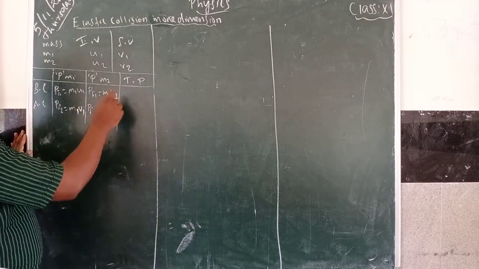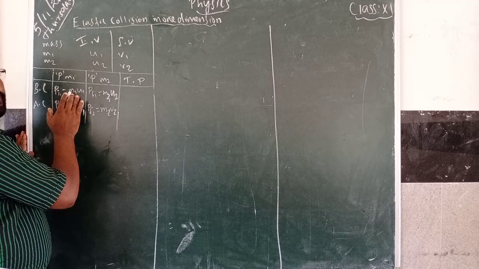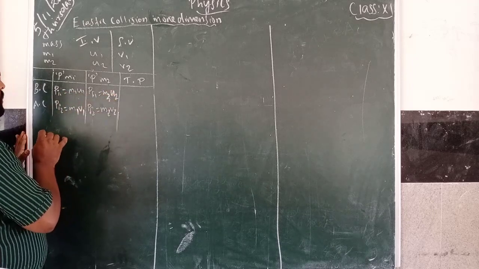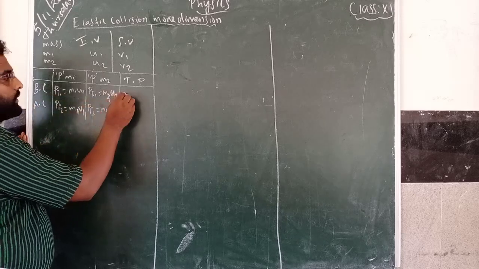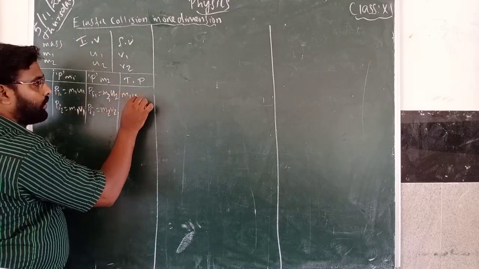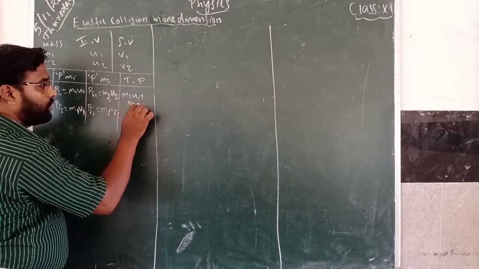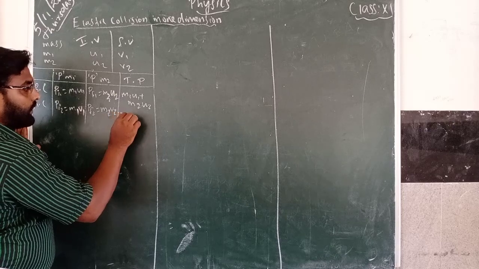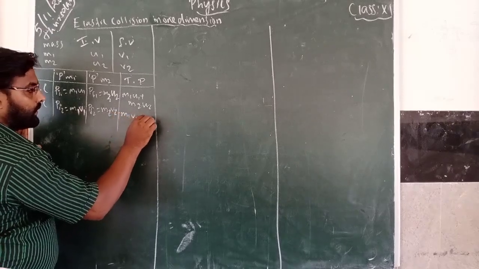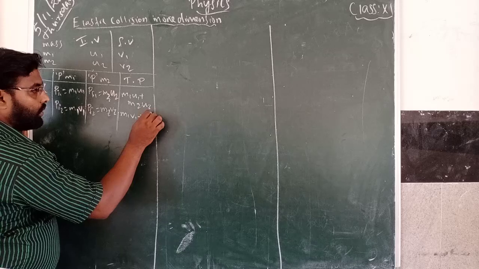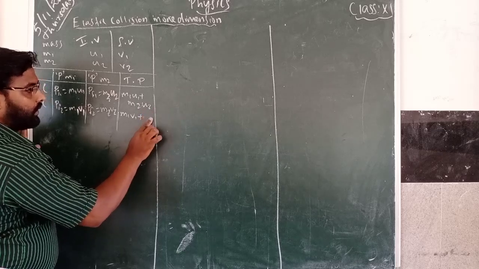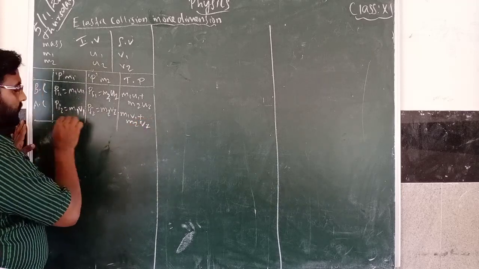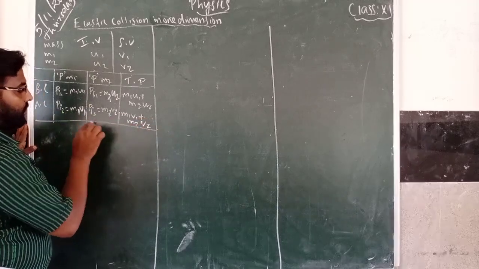Now you can find the total momentum; you just have to add them. Total momentum before collision is m1 u1 plus m2 u2. Total momentum after collision is m1 v1 plus m2 v2.